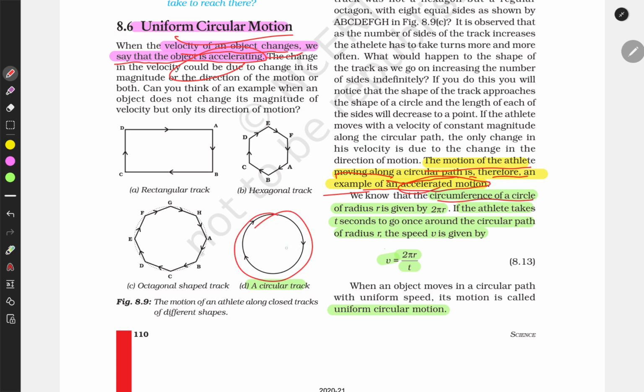Suppose a car is moving in a circle at 50 kilometers per hour. Its speed is not changing, its speed is uniform, but its direction is changing. So this is an accelerating object, and it needs external forces.